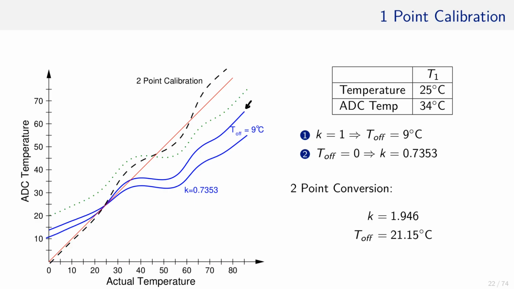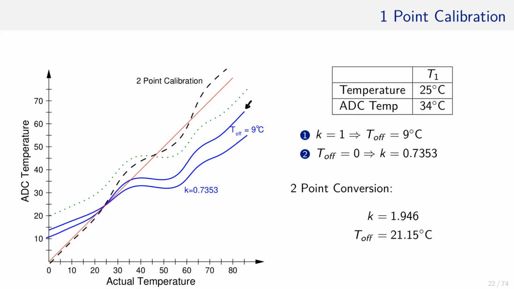An important takeaway from these examples is that whatever the method for the 1-point calibration, the temperature measurement around the calibration point becomes very accurate. If you have a project in which the ATmega is deployed in an environment which needs to be around 25 degrees, to stay with this example, then you do not need to go through the additional work of finding another calibration point.